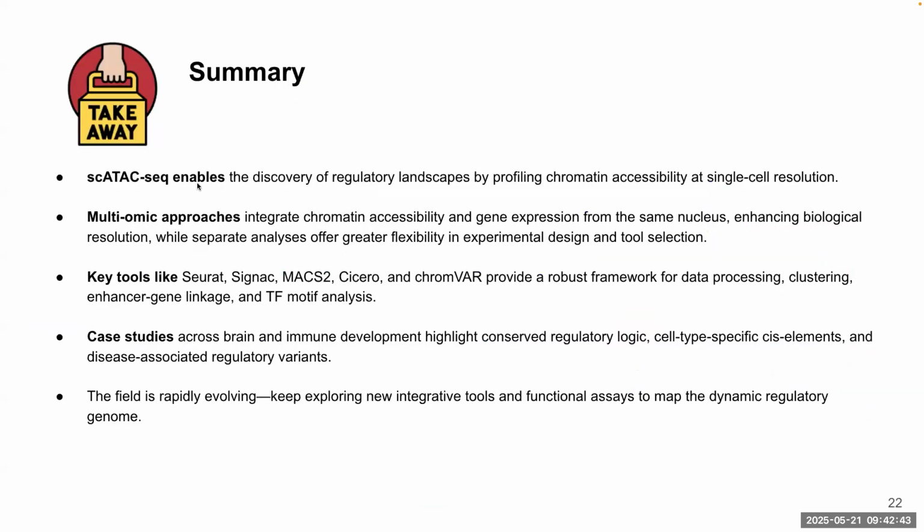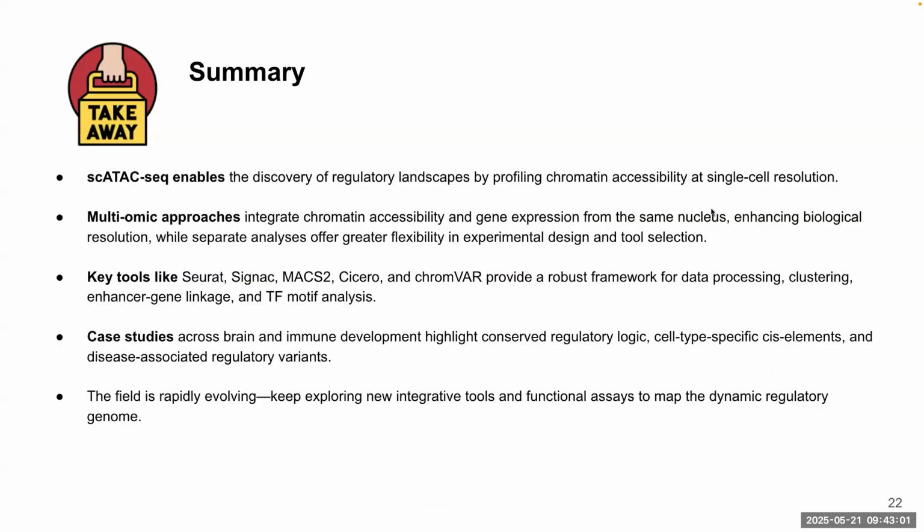In summary, single-cell ATAC-seq is going to enable us to discover regulatory landscapes by profiling chromatin accessibility at single-cell resolution. Multi-omic approaches integrate chromatin accessibility, but also gene expression from the same nucleus.